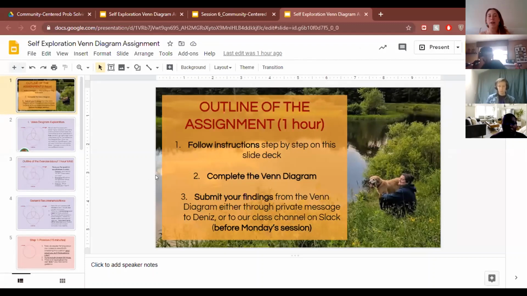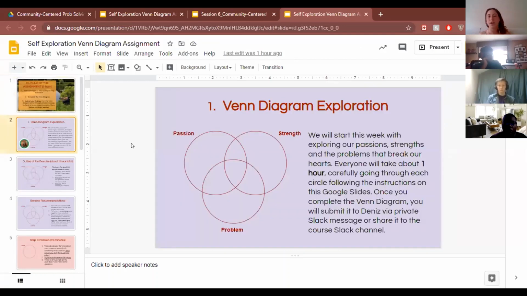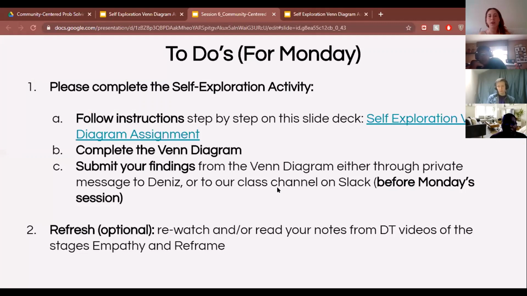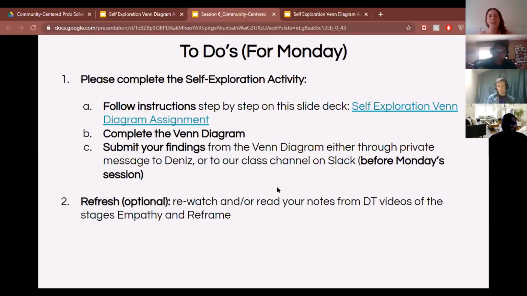And then we're gonna come back on Monday and share our insights from this. Basically, the self-exploration activity will get you to think about your passions, strengths, and problems. If you're in Rob's class or Zoe's class, they may have done something called Ikigai, which is similar to this. So that is the to-do for Monday. Just follow this PowerPoint step by step, complete it, and submit your findings to me.